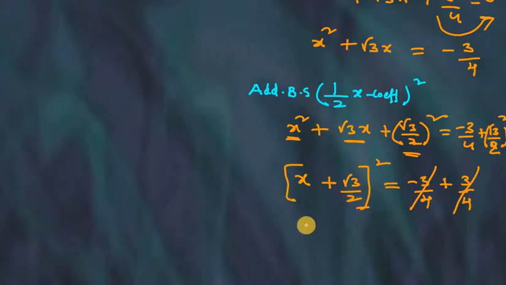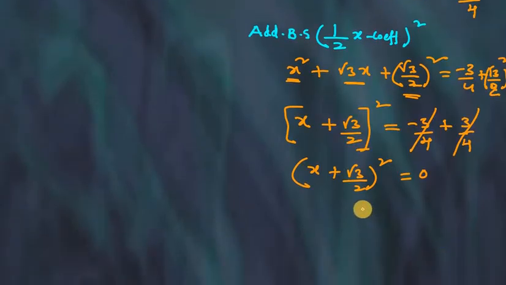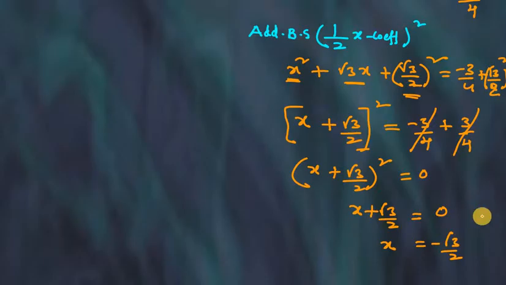So what we are getting ultimately, x plus root 3 by 2 whole square is equal to 0. So I want the x value, x plus root 3 by 2 is equal to 0. So x is equal to minus root 3 by 2.